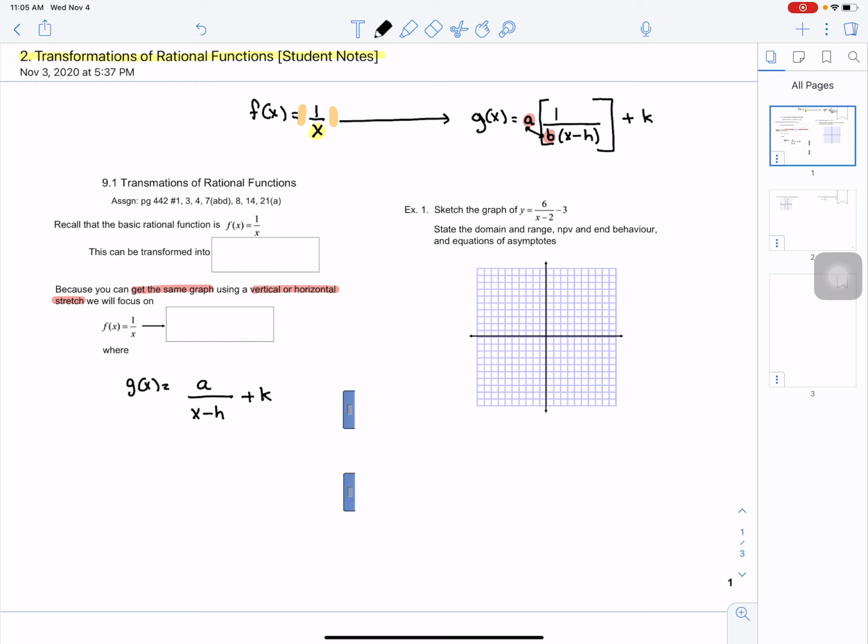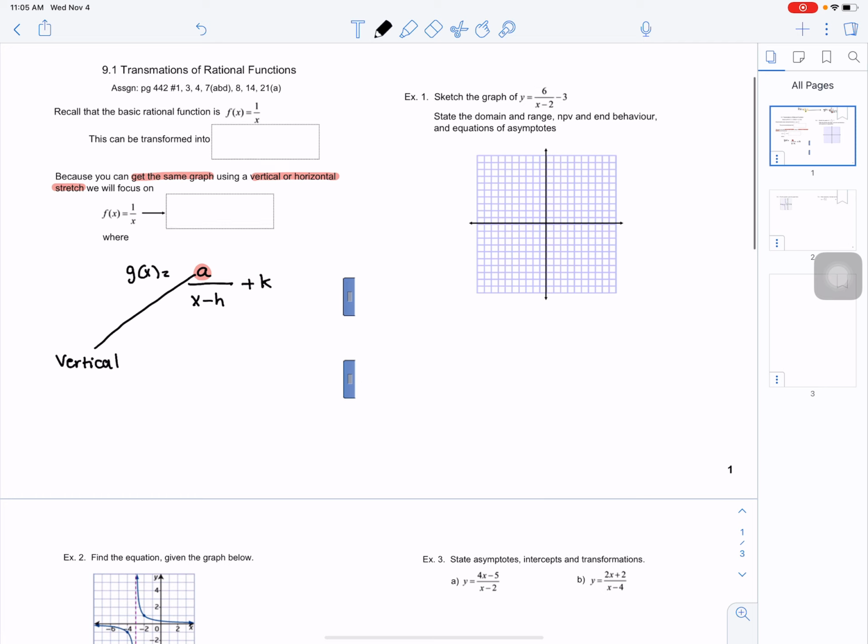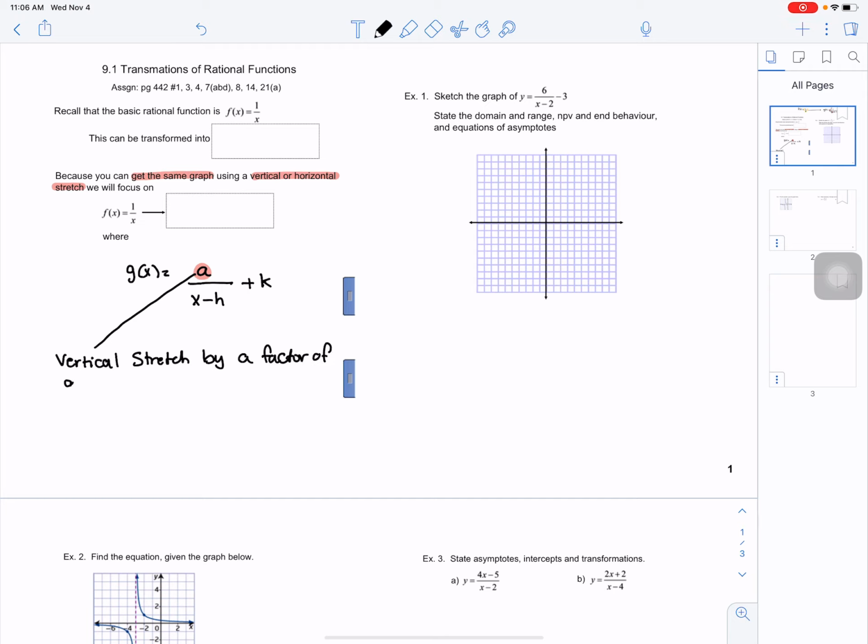So in this example, my a would represent my vertical stretch by a factor of a about the x-axis.